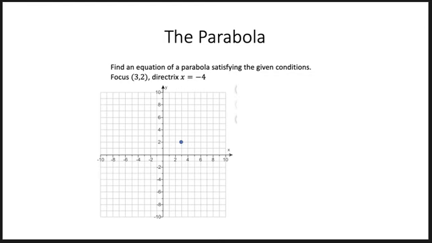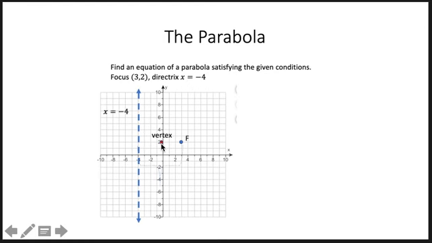So I'm going to draw the focus, which is at 3, 2. I'm going to draw the directrix, which is at x is equal to -4. Now, the reason why this picture is so important is because our vertex is halfway between the directrix and the focus. So our vertex is right about here. It's halfway.